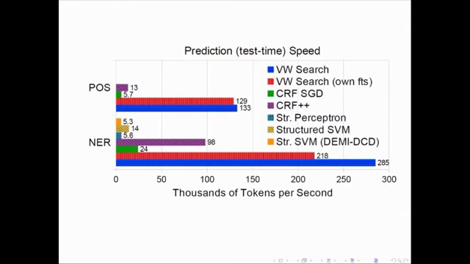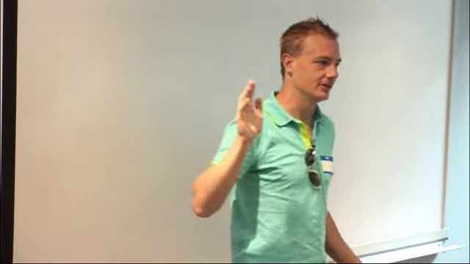I mean, we're a little bit better, we're a little bit faster, but our programming complexity is essentially 0 in comparison. This is test speed, so this is the number of tokens that you can label per second for part of speech tagging and for named entity recognition. The last 2 bars are bigger, which is good.